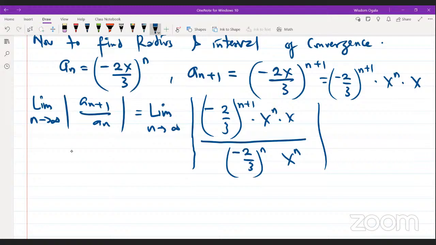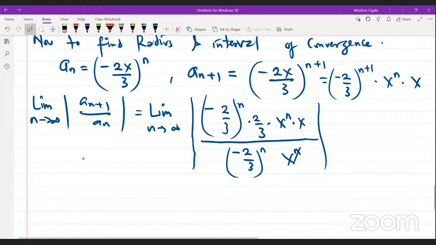Let's see, can anything cancel? If I want, guys, I can even split this guy further. So this guy is negative 2 over 3 to the n plus 1, right? This is not difficult, guys. This is just indices, right? And why am I splitting it out?